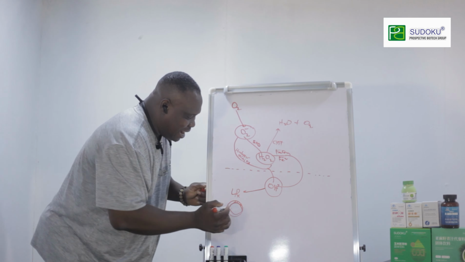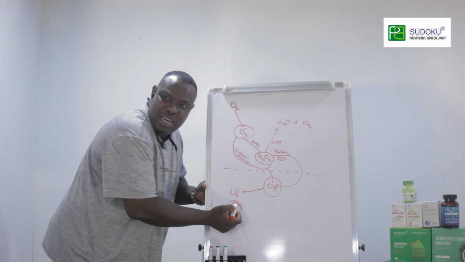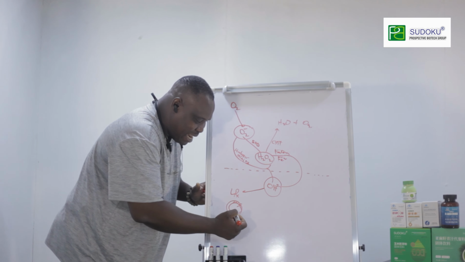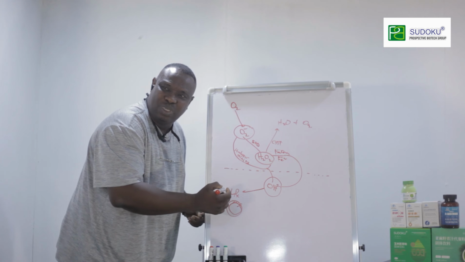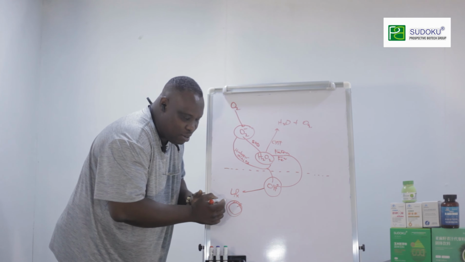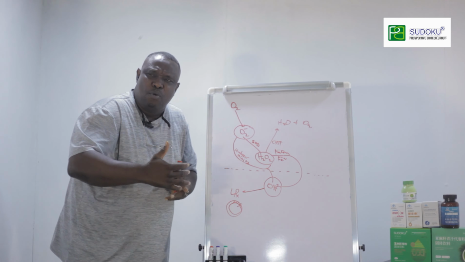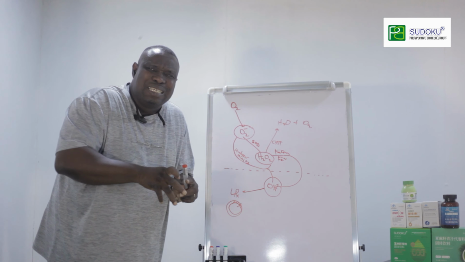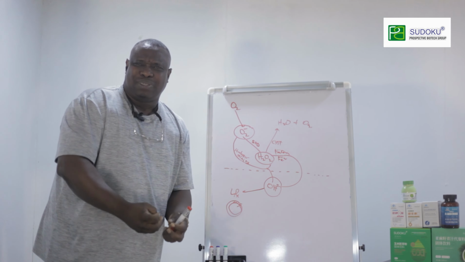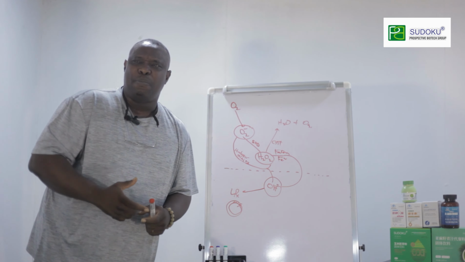So once this hydrophobic core, the lipids that are there become peroxidized, what happens is that this membrane, instead of being a semi-permeable membrane, begins to lose its most unique and most important nature and function, which is the semi-permeability.